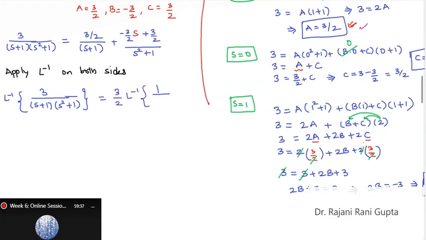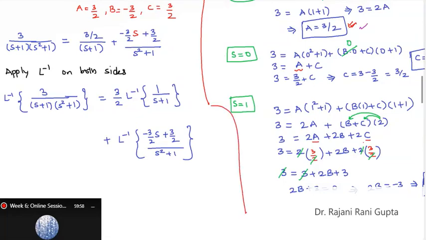Laplace inverse of 1 over s plus 1, plus Laplace inverse of minus 3 by 2 s plus 3 by 2 divided by s square plus 1. Okay, now we need to see how to work with this. For the first term we know that it is e power minus t.